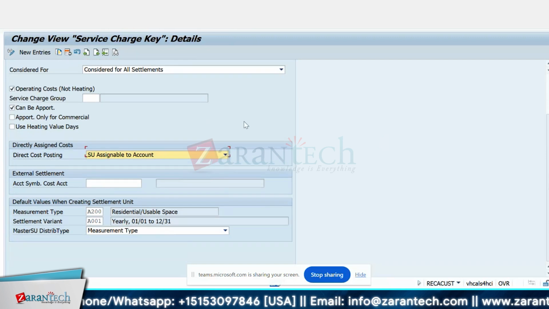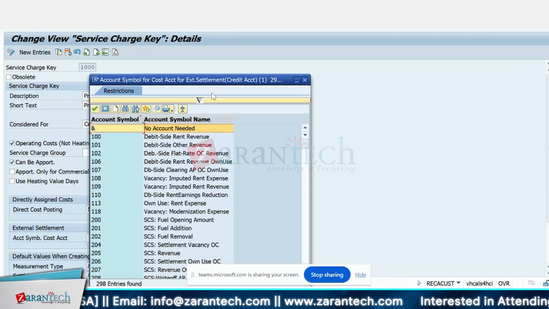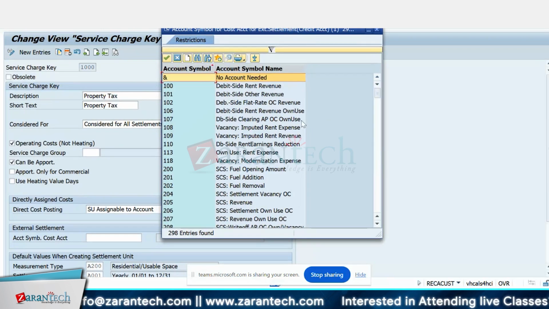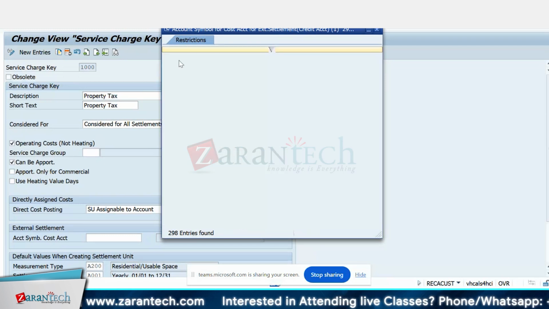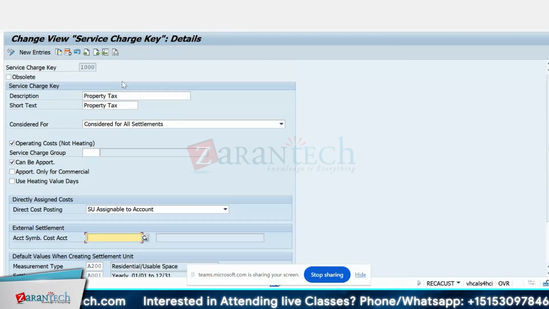Okay. Account symbol, cost account. So account symbol, if you remember, we assign our account symbol to flow type, and that account symbol has a GL account. So if you want to assign that as well, we can do that over here. Okay. So that is all we define over here in service charge key.